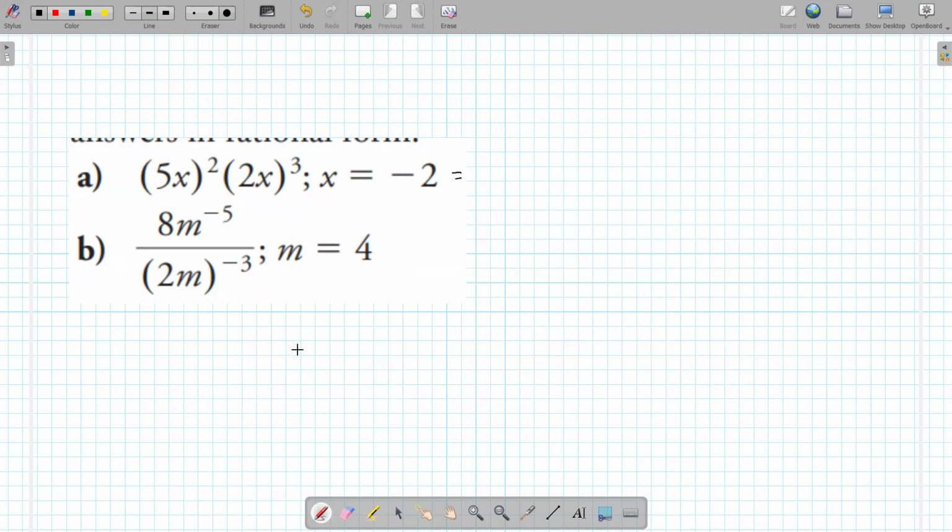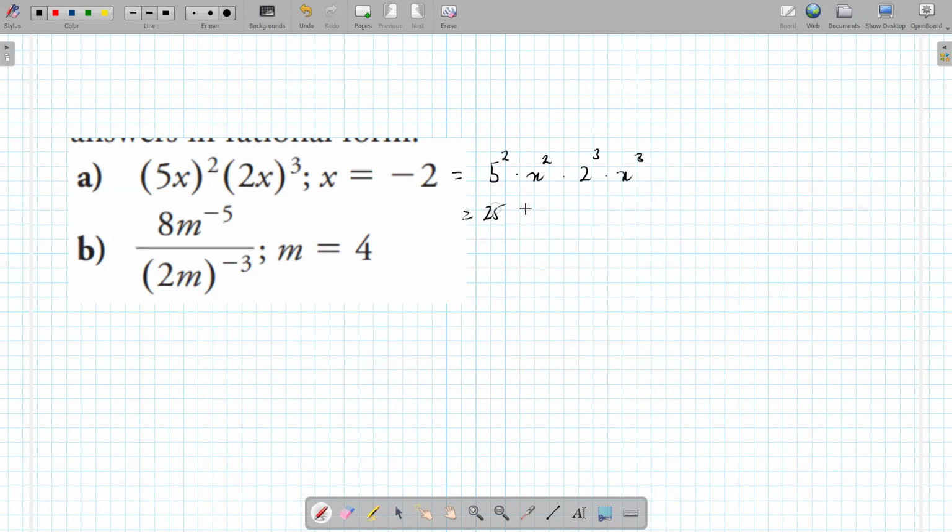Remember, the exponent applies to every term inside the brackets. So for A, when you open them, this becomes 5 squared times x squared. For the other term, it becomes 2 cubed times x cubed, like that.